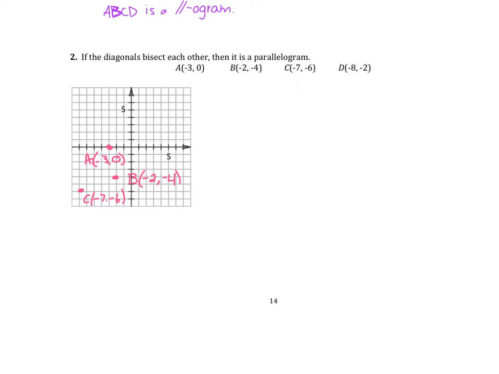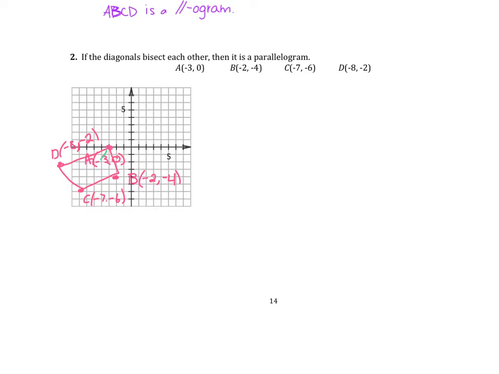And finally, D is at -8, so it's off the charts, and then over here, kind of. Not the best job drawing, but that's okay, because the picture is not important at all. In fact, the way I drew it does not look like a parallelogram whatsoever, but that's okay.